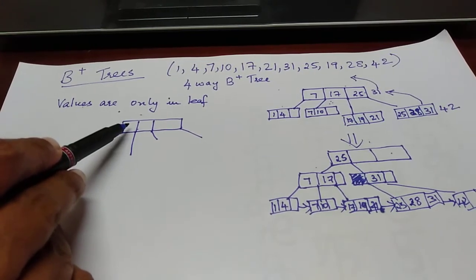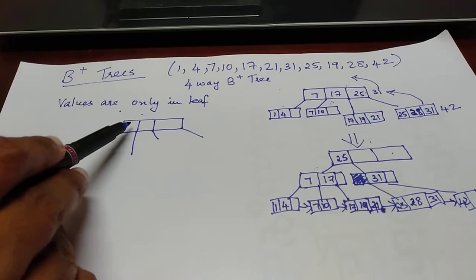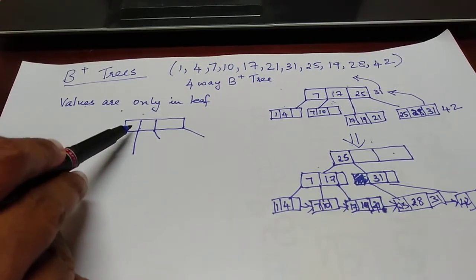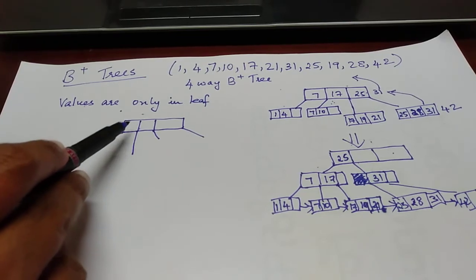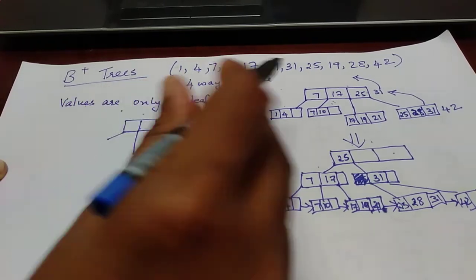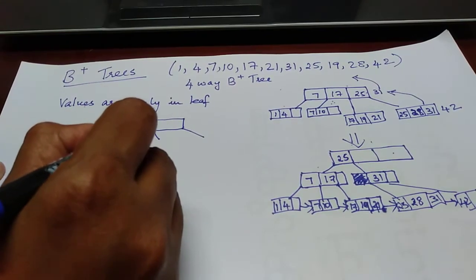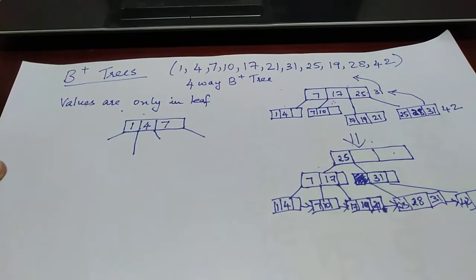Whatever number is there in a particular node, all the numbers less than that value will be to the left of the node, and to the right you will have numbers greater than it. Now the first numbers will simply be stored in ascending order: 1, 4 and 7.